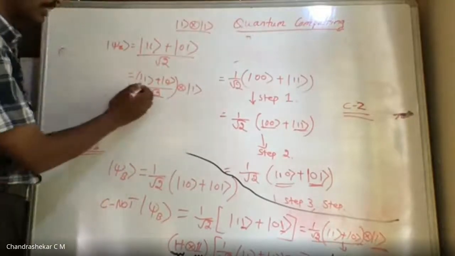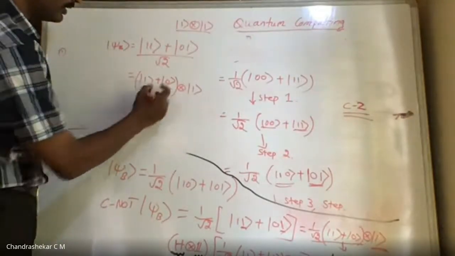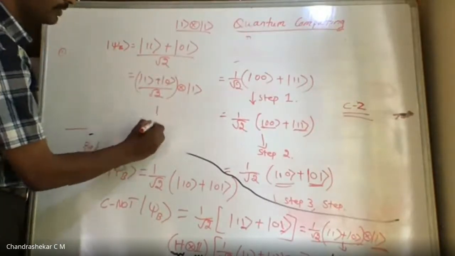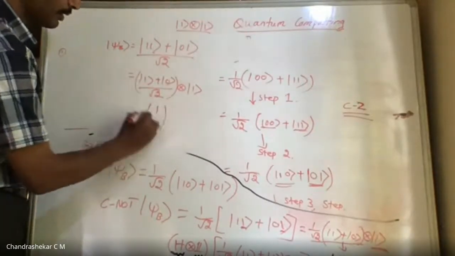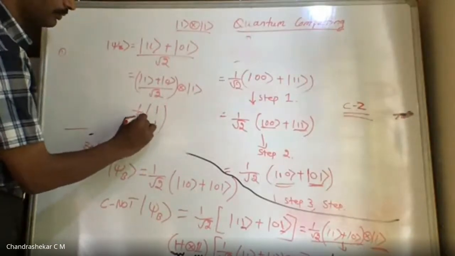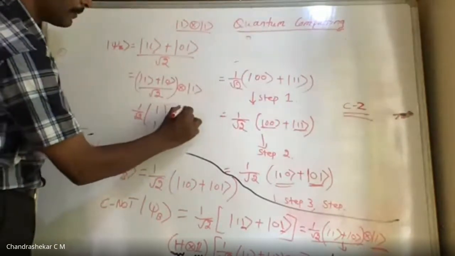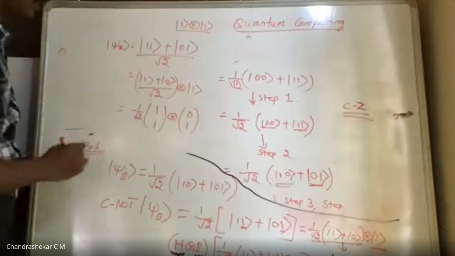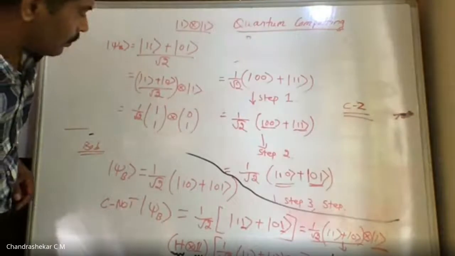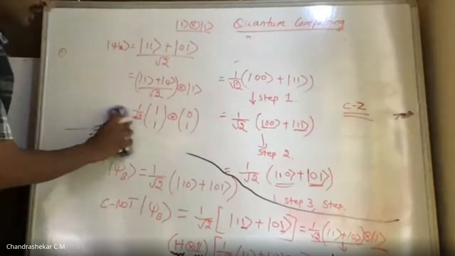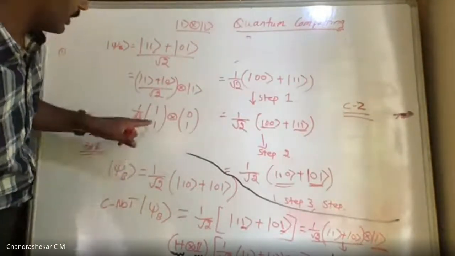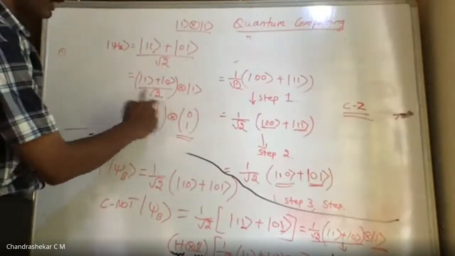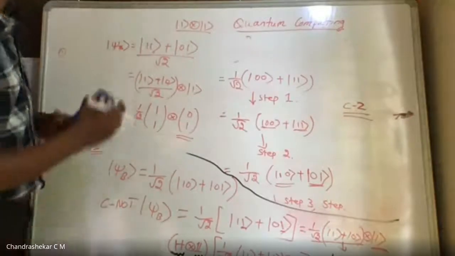Now what is this in matrix form? 0 plus 1 and 1 0 are both the same. In matrix form, this is this by root 2, tensor 0 1. This is the matrix form of it. Now we are applying a Hadamard on this. We'll ignore this part because we said you apply Hadamard only on the first qubit. I'm just going to show that one step.